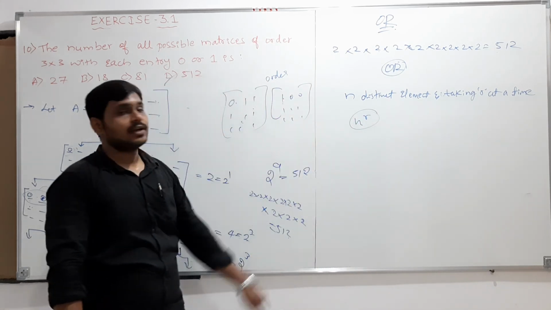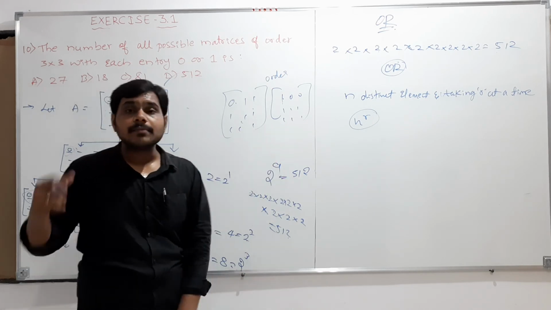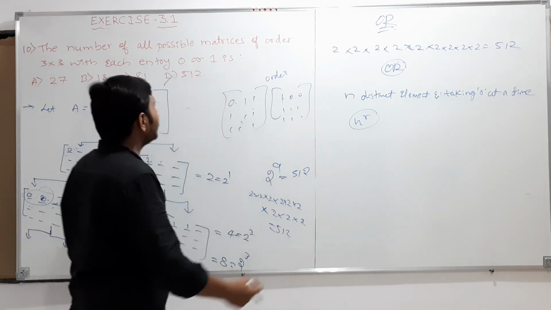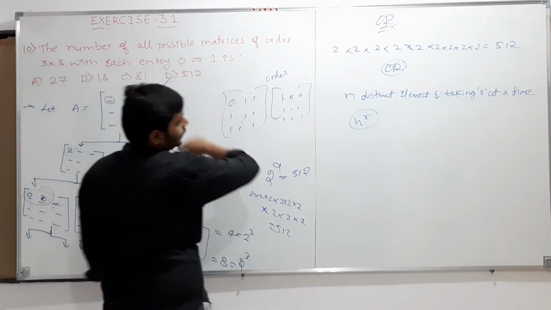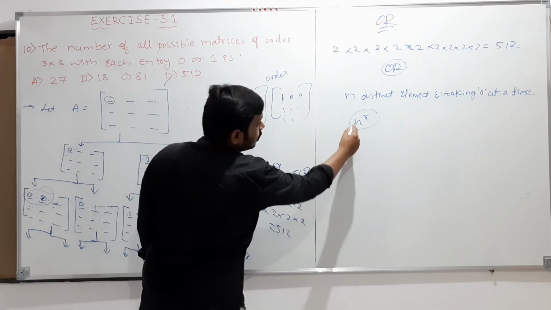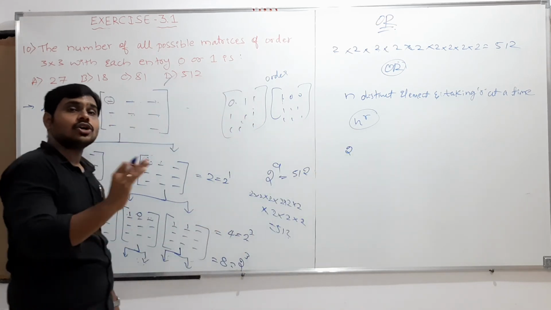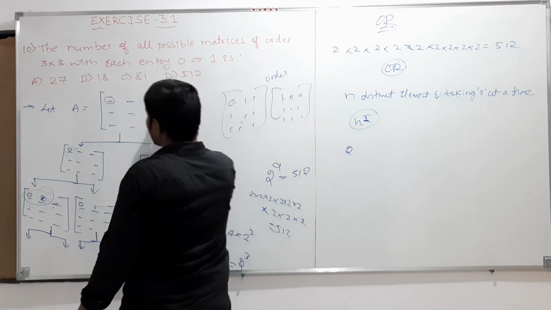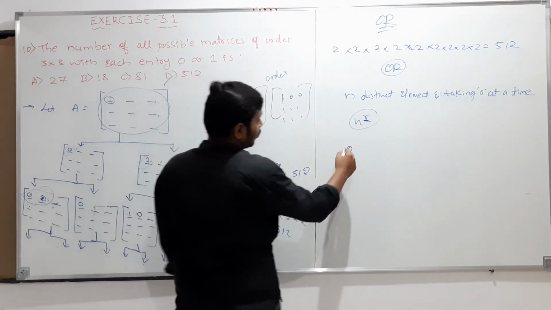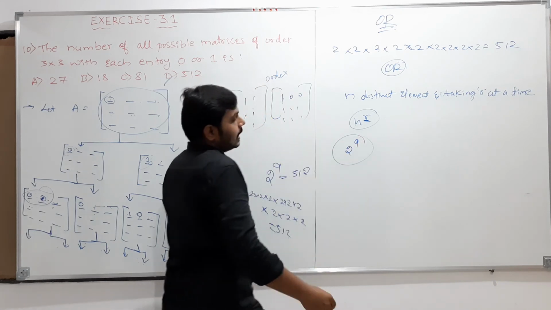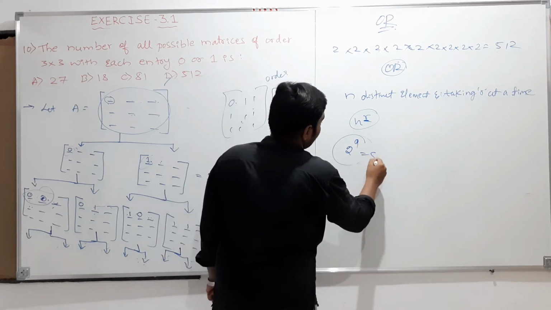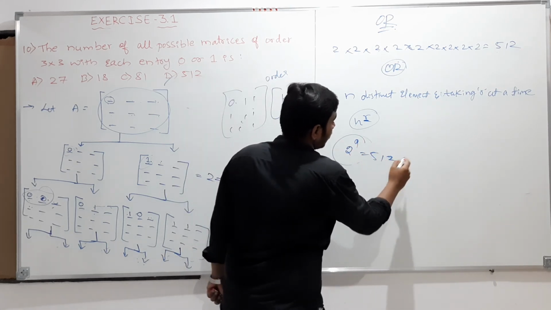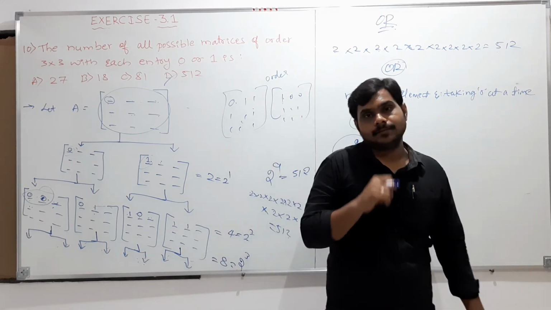This is the formula we discussed. The same concept I am using here. How many distinct elements do I have? 0 or 1, so 2. And how many should I take at a time? I should take all 9. Therefore 2 to the power 9, and 2 to the power 9 is equal to 512. Like this you can calculate.